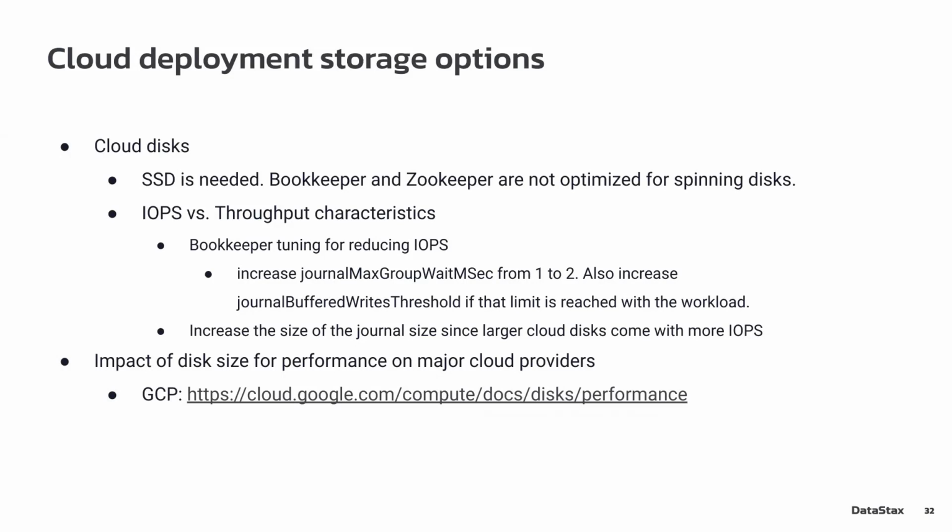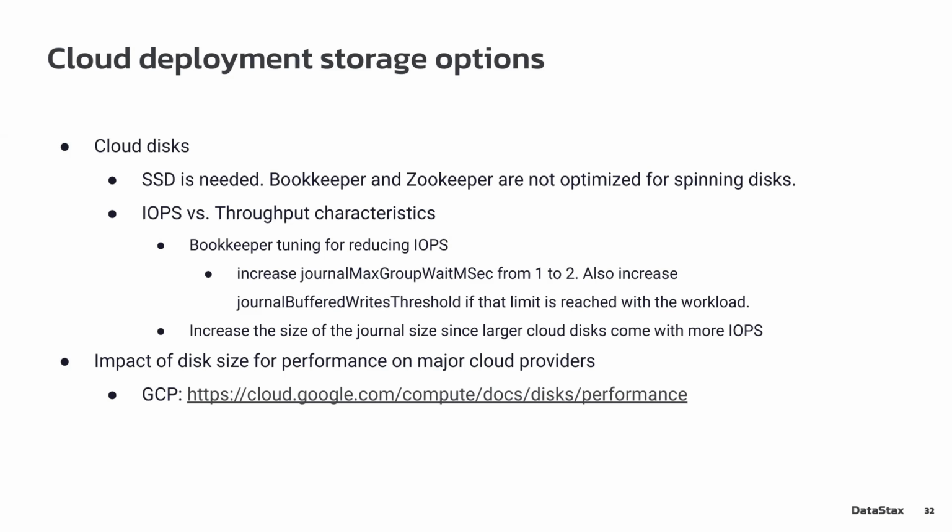One detail is that increasing the size of the journal disk is an important optimization in many cases, because larger cloud disks come with more IOPS and more throughput. You might want to set the journal disk size to a much larger size than you would actually need from the size perspective.